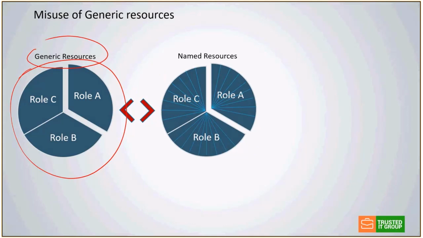And we also have these named resources: Joe, Mike, Jenny, all kinds of people, also broken down into different roles, right? The mistake is this. When you have a representative bucket of generic resources and a representative bucket of named resources, these should be equal to each other.